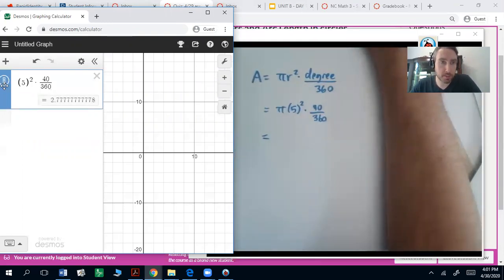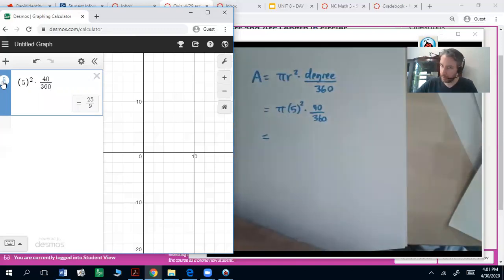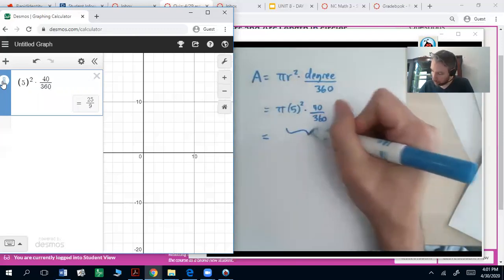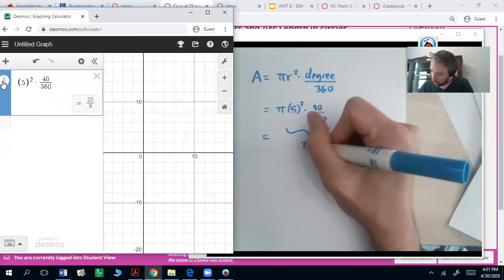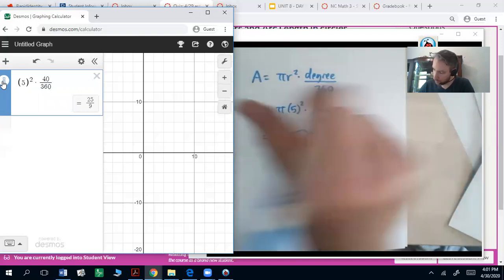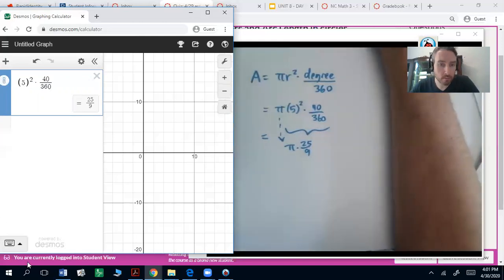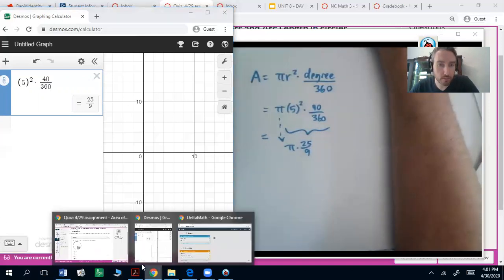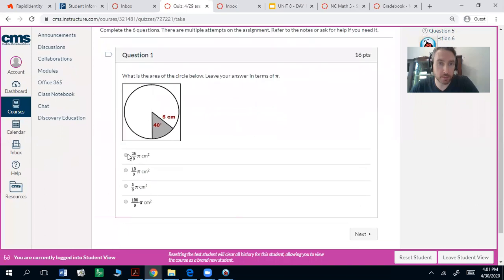And we're going to hit the fraction bar, and it's going to say it's 25 over 9. So all of these numbers here reduced to 25 over 9. And we got to bring this pi down. So that's going to give you that as your answer.